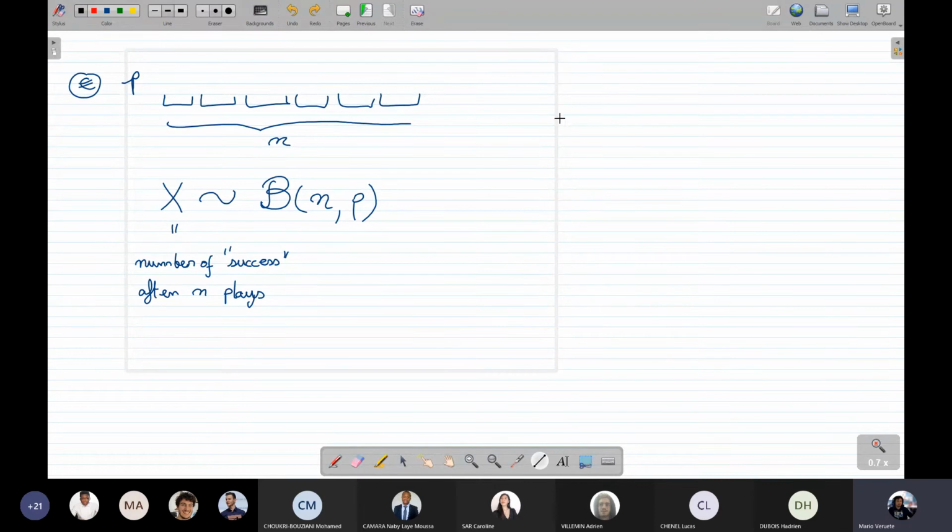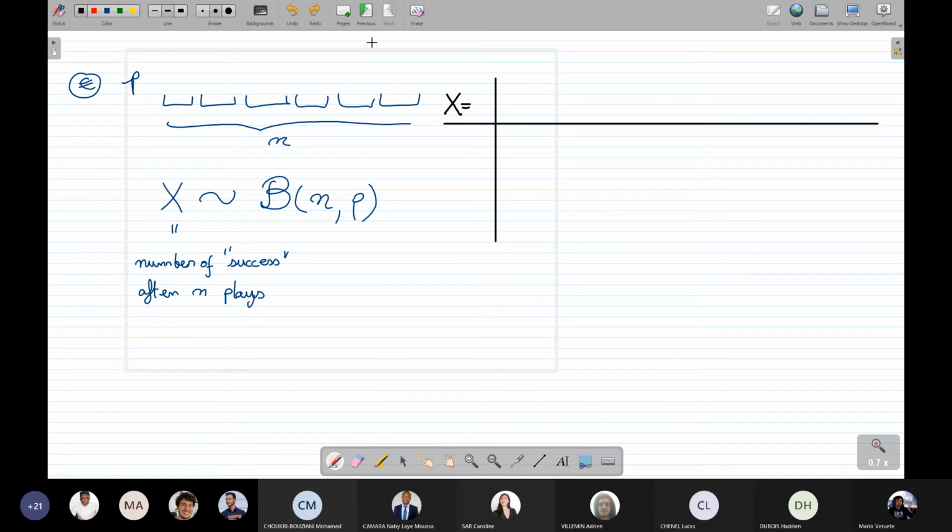I have here X equals k and the probability that X equals k. And here the probability that X takes this value k.